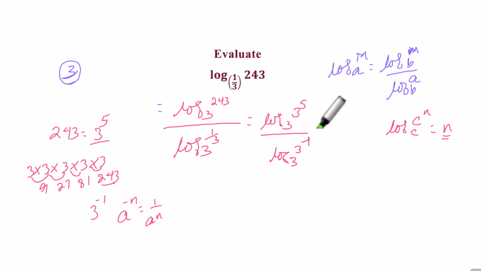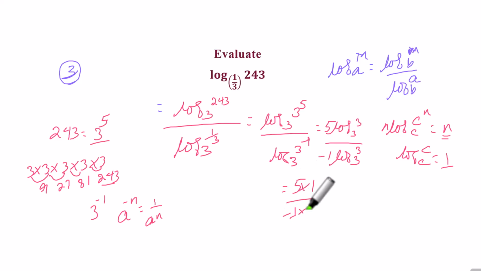So this can be written as 5 logarithm 3 to base 3 over minus 1 logarithm 3 to base 3. Logarithm of c to base c is 1, with a condition for the value of c. You can check that. So this becomes 5 times 1 over minus 1 times 1, so it becomes minus 5.